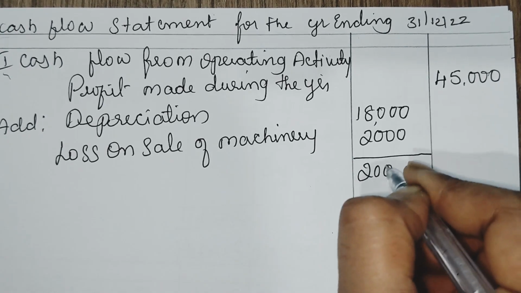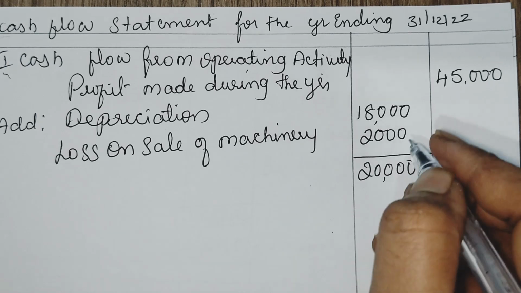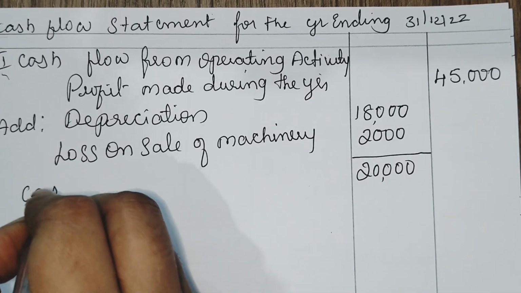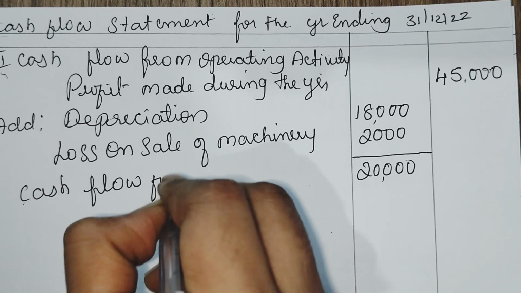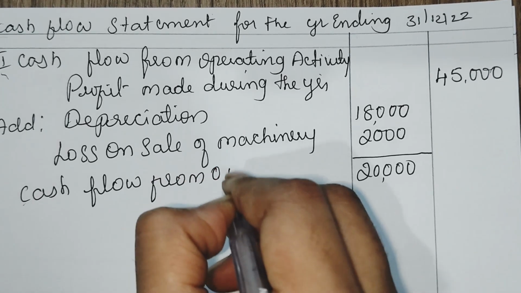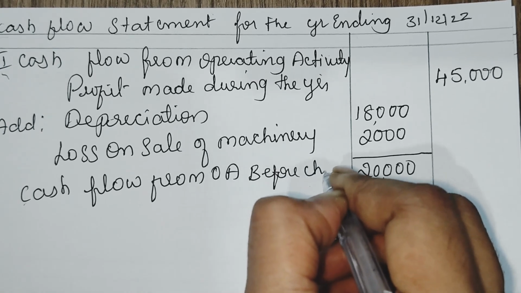Total 20,000. No other non-operating expenses are there. This will be our cash flow from operating activity before changes in working capital.